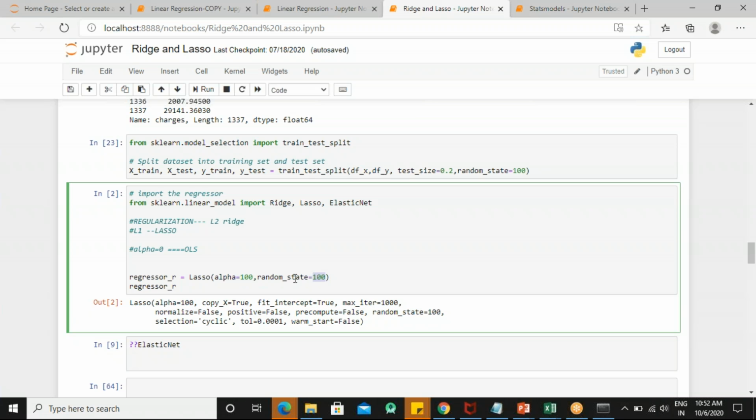So that's where the random state comes into picture. So these are the three most important hyperparameters. Further, there is this cyclic selection, which is not that important, but I will tell you later. But to understand ridge and lasso, you need to know these parameters: alpha, max iteration and random state. These three parameters. So let me just start with this.